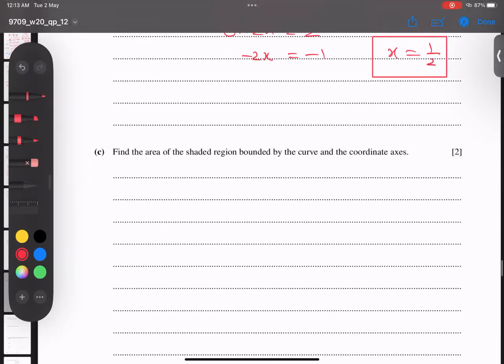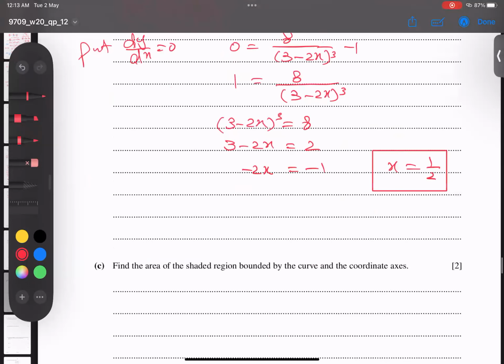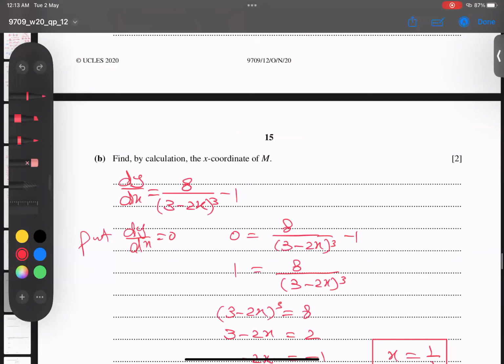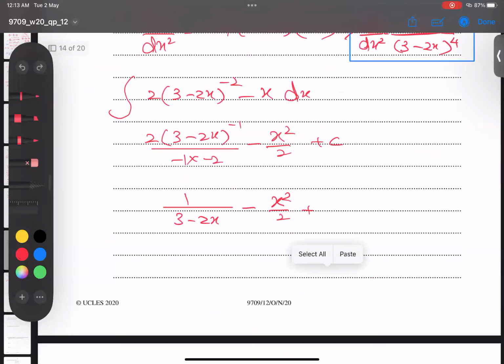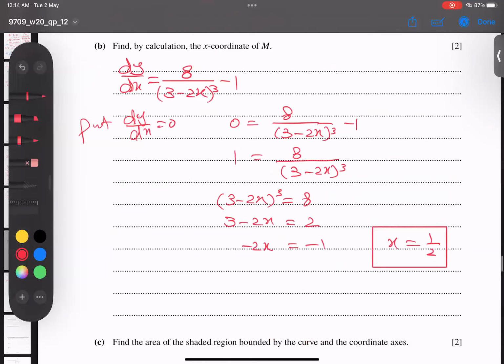Now he's asking the area of the shaded part. And luckily we have done the integration. If you look here, this part is already done. And this, I will take it and make sure the plus is there. So I'm looking for this part.